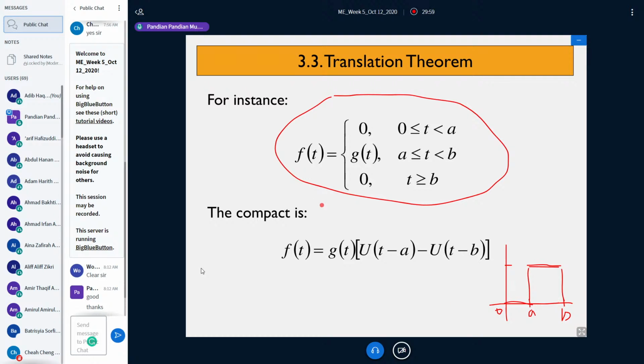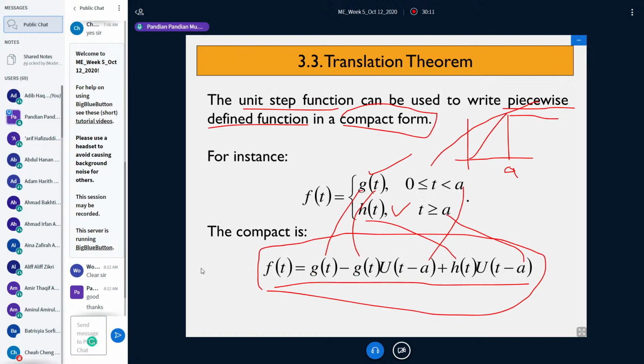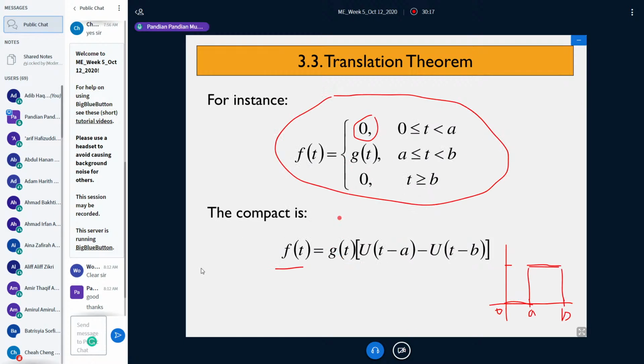Because this is 0, we don't have anything here, no need to write g(t). So for the compact form f(t), you write with plus. Always start with plus. Since g(t) is 0 there, you start with positive g(t) u(t minus a).